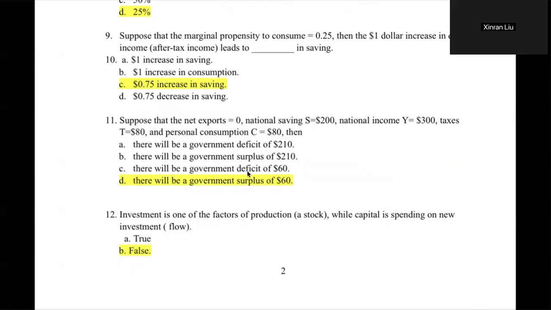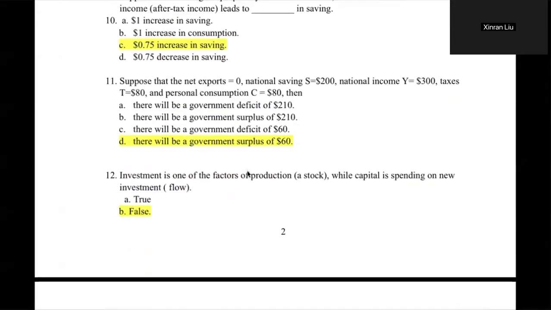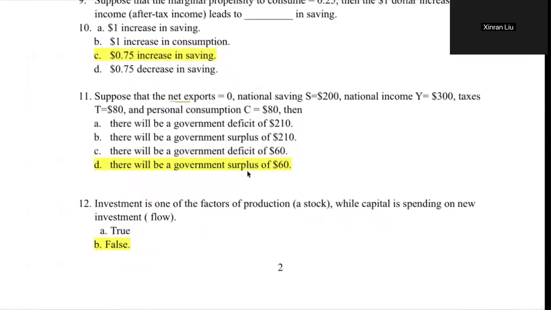Okay, so here we have net exports of 0. The national saving S is $200, Y is the national income, and taxes T equals 80. The personal consumption C is 80. So here you can see that all the answers are about the government expenditure. You need to determine what is the government surplus or deficit.